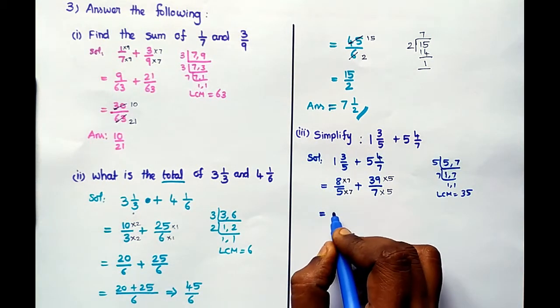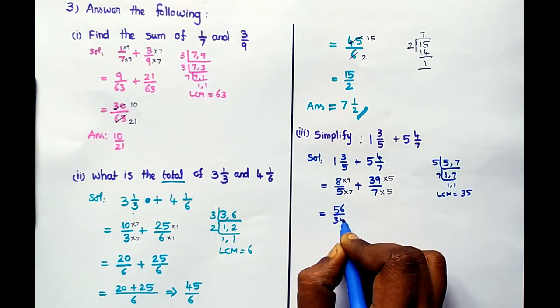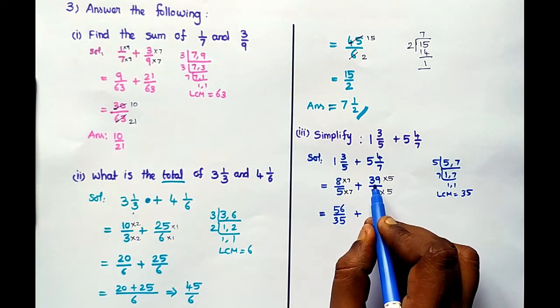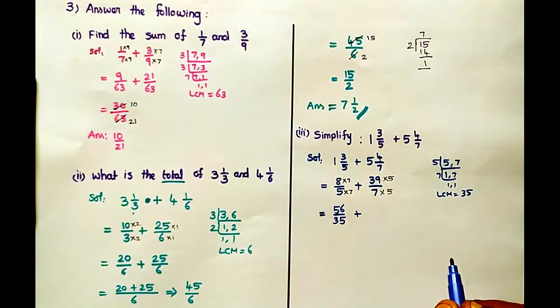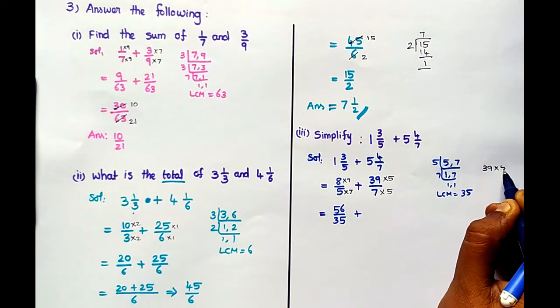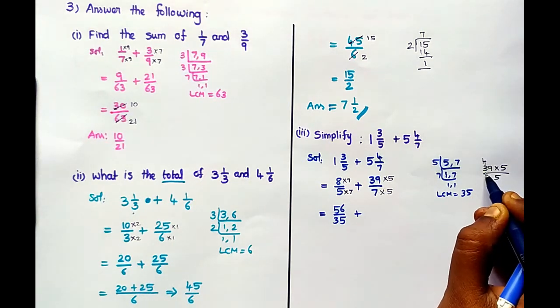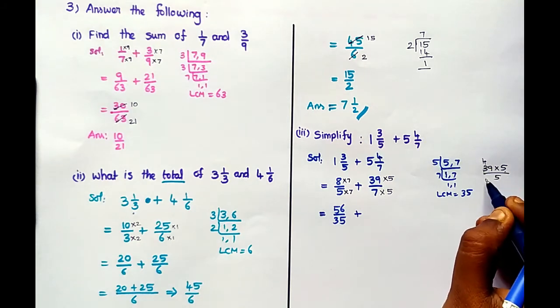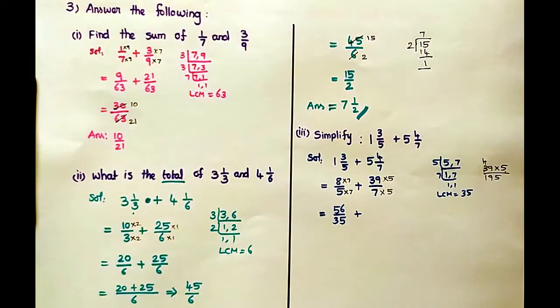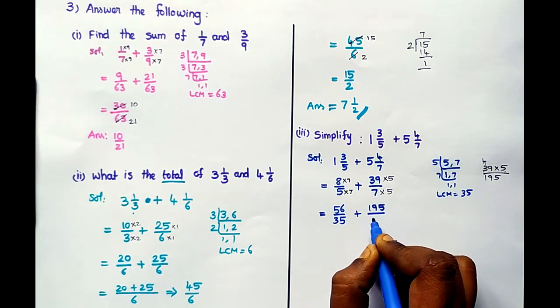8 7s are 56 divided by 35 plus 39 5s are 5 9s are 45, carry over 4, 3 5s are 15 plus 4, 19. So 195 divided by 35.